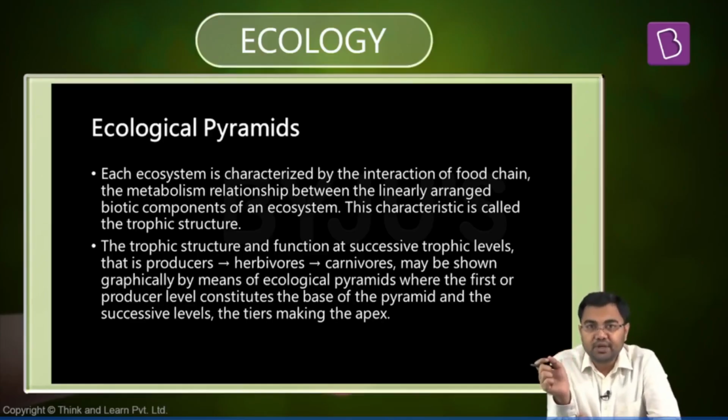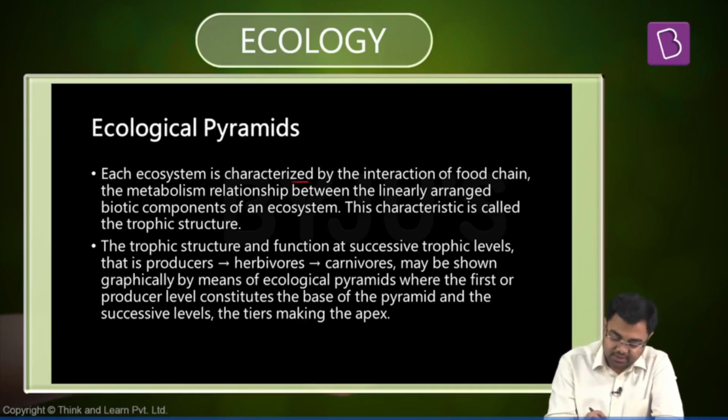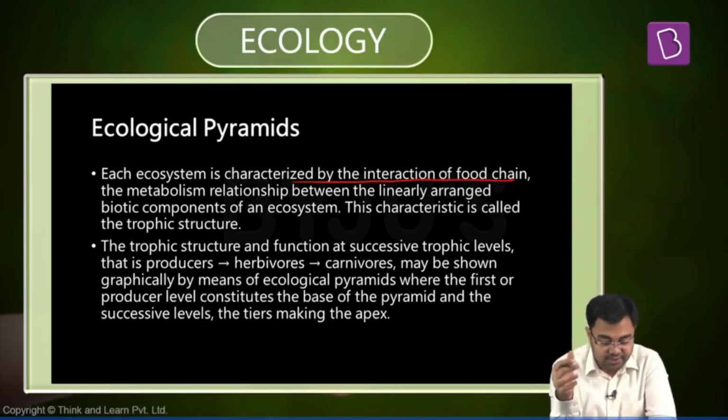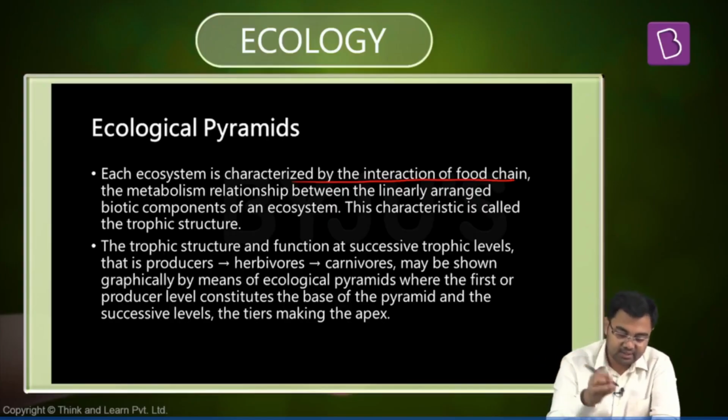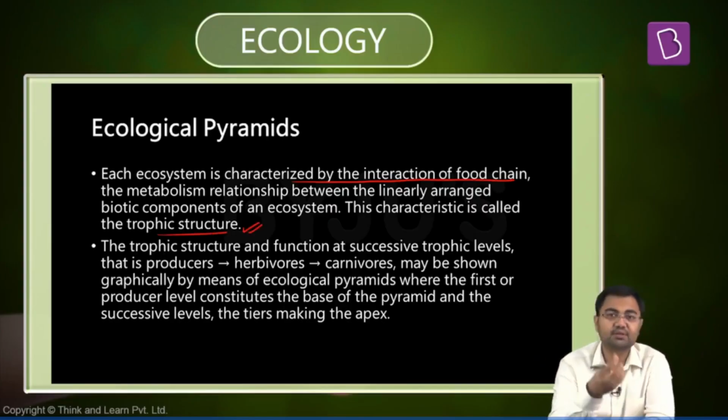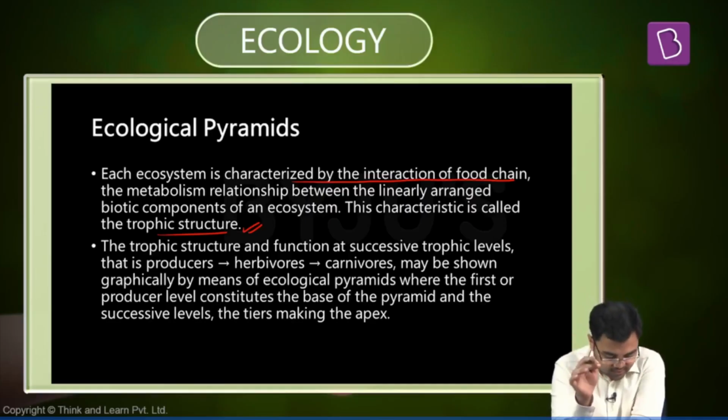The next topic that we need to discuss is ecological pyramids. What are ecological pyramids? First of all, each ecosystem is characterized by the interaction of food chain, the metabolism relationship between the linearly arranged biotic components of an ecosystem. And this characteristic is called as trophic structure, something that we just discussed.